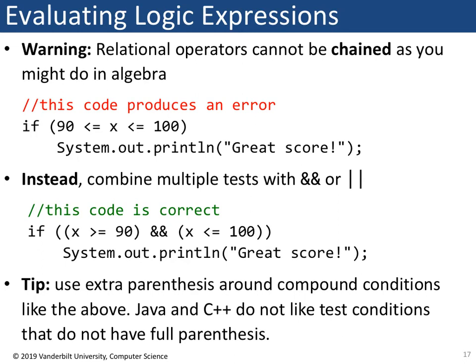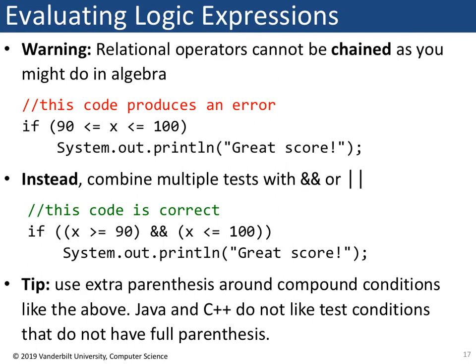Now you may realize that the parentheses around x is greater than or equal to 90 and x is less than or equal to 100 were actually not necessary. The precedence of the operators would have made this evaluate correctly anyway.